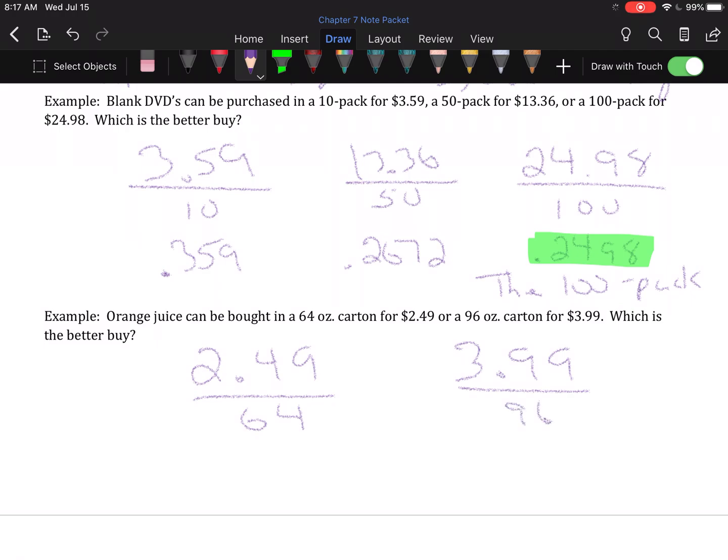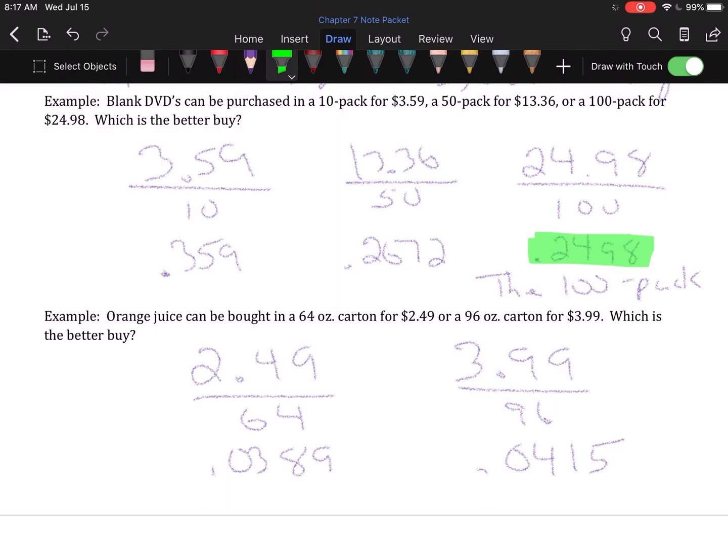Allow us to divide. $2.49 divided by 64 is 0.0389. It does go further, but I'm going to say 4 decimals should be enough to tell the difference. $3.99 divided by 96 is 0.0415. Again, 4 decimal places should be enough. I'm not even rounding these, I'm just writing down the first 4.